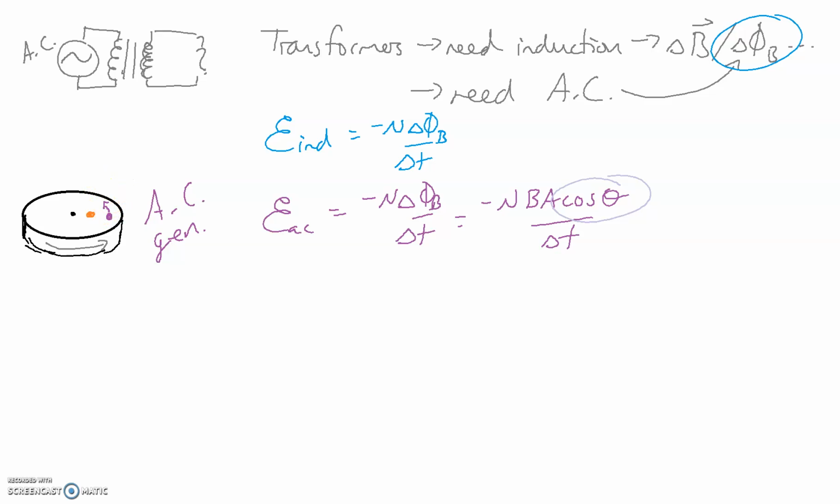Now, between the two, the orange one and the purple one, if I asked you which one is faster, you might want to say the purple one, because it's got a bigger radius, a bigger distance to go around. But it depends on what you mean by faster. When that orange one goes around, it'll go around in a circle, and the purple one will go around in a circle.